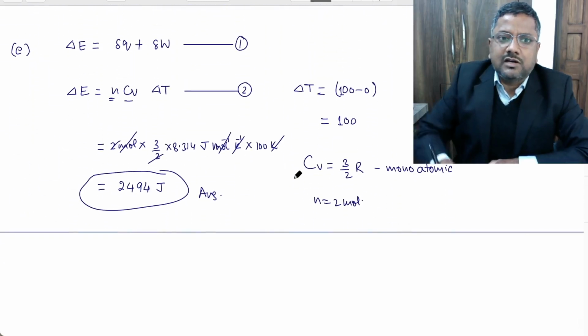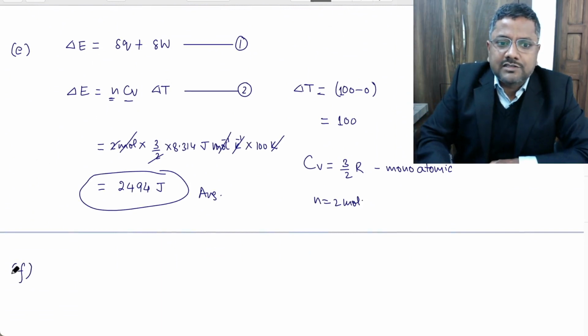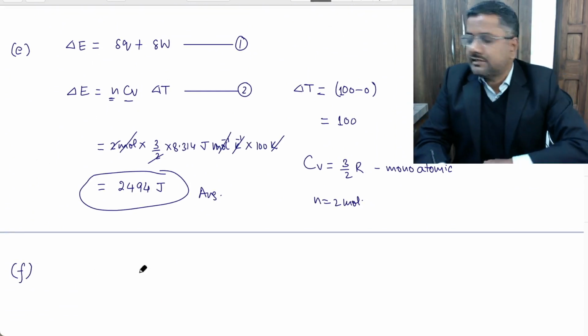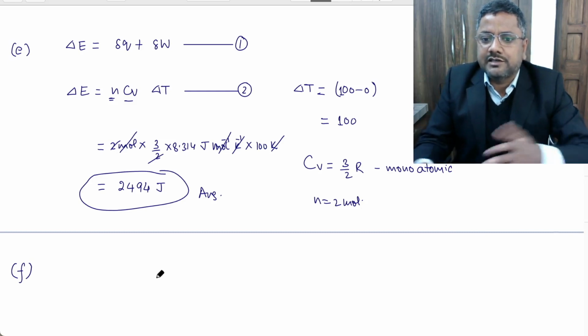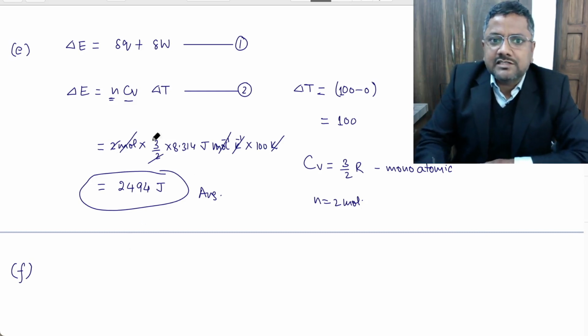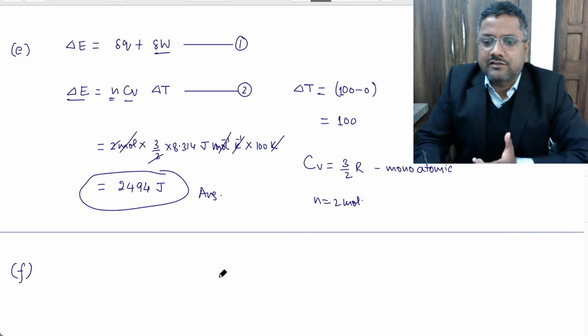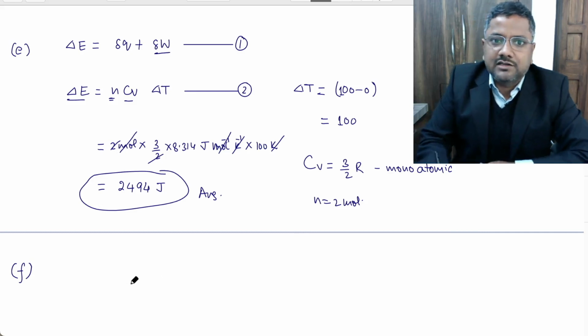Because when you add energy to the system, obviously heat to the system, then the energy of the system increases, which means that value is positive. This time you have delta E, you have work, so you can apply the first law of thermodynamics and simply calculate Q.